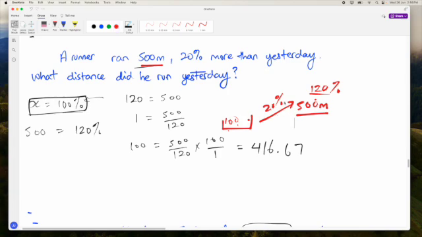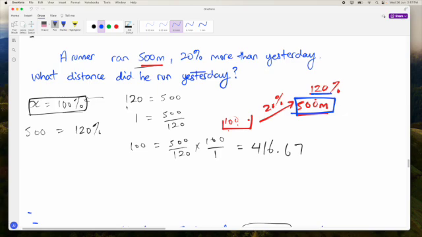So remember, as I said in the beginning of the video, it's all about what you decide to represent 100%. What represents 100%? Because you can see sometimes the 100% is the thing that you're trying to find, and you might have to go even more than 100% with the information that you have.